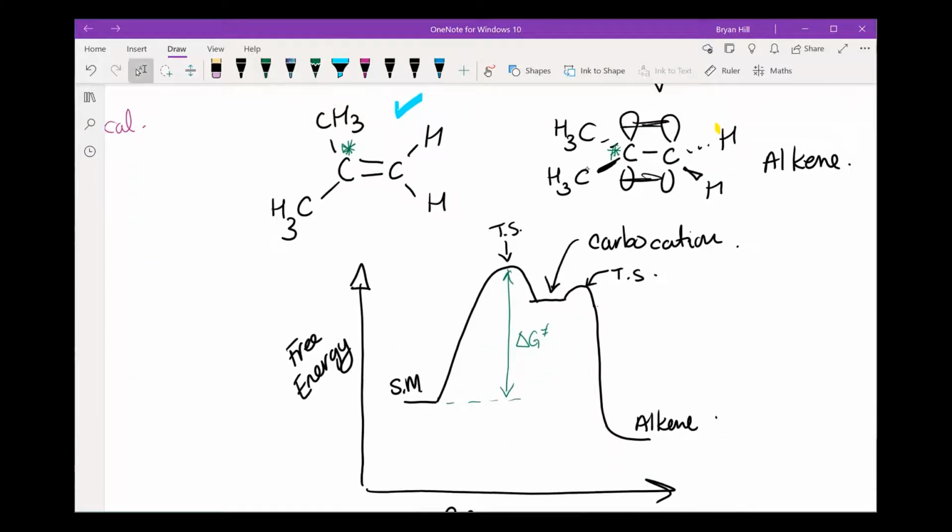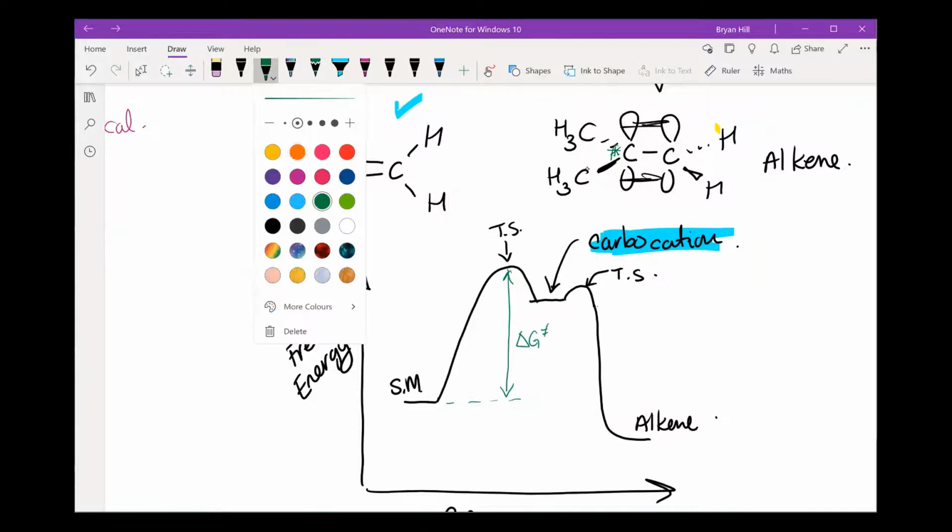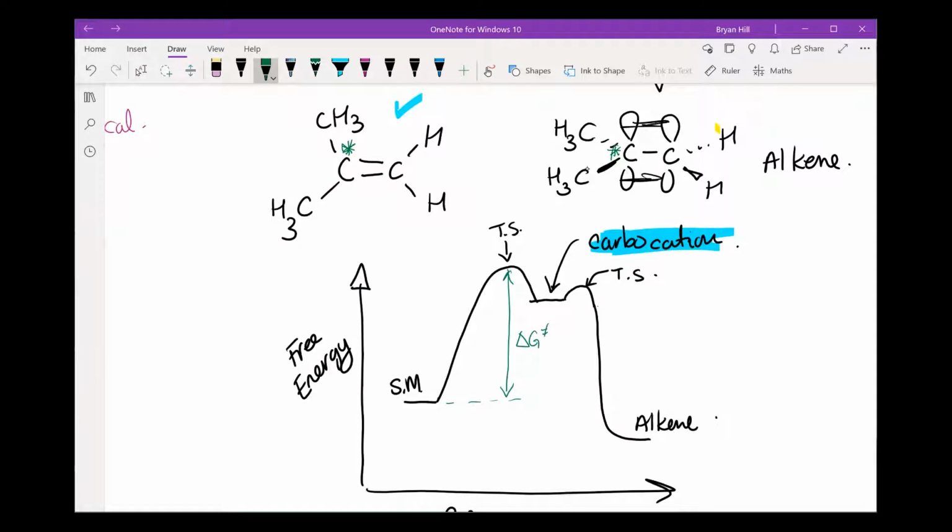And so when it comes to the first step, the formation of this carbocation here, this is exactly the same for an SN1 reaction. So there's another pathway, and depending upon what your reagents are, there will be another pathway which could be slightly higher in energy or slightly lower in energy that would give you the SN1 product.